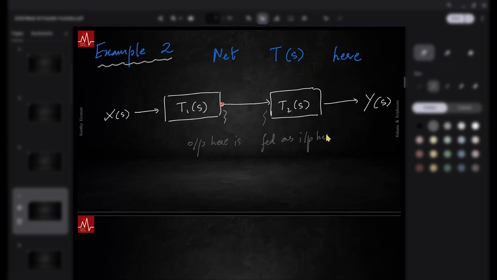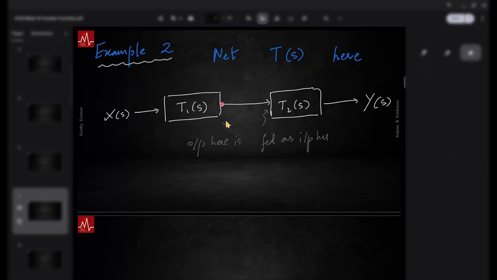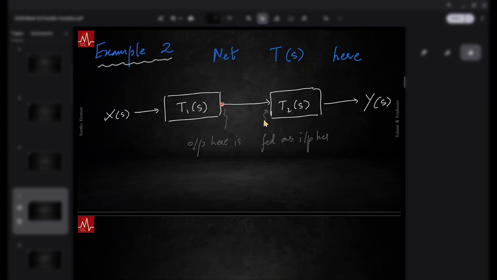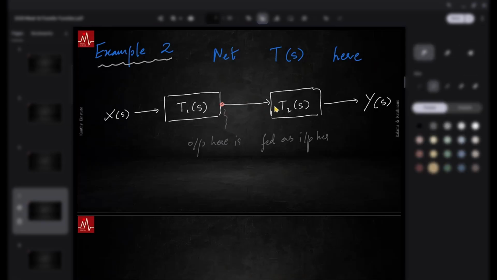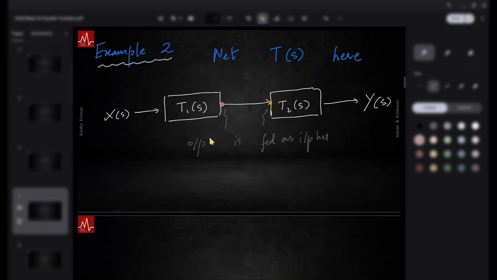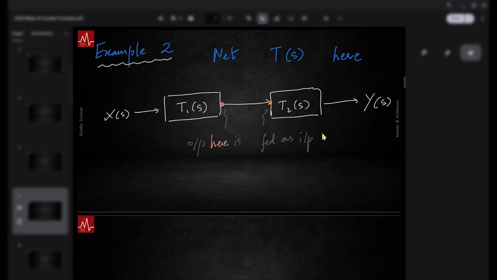The output here, what goes in at this location is the output that comes from here. What comes out here is fed in there. The net transfer function in the system. Something comes out of that system and is fed as input here.